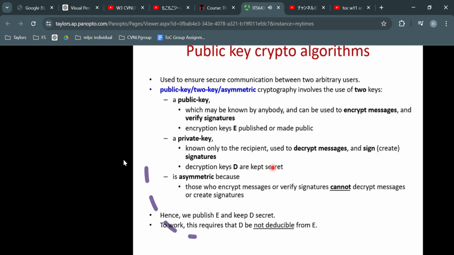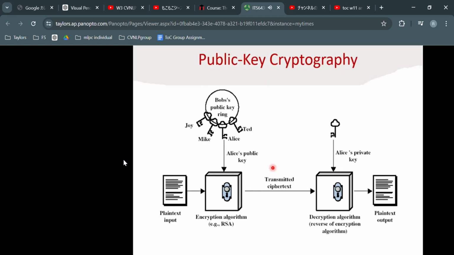Yeah? When we say asymmetric key cryptography, for encryption, a different key is used, and for decryption, a different key is used. Okay? So we are going to have a pair of keys. This pair of keys is called a public-private key pair.